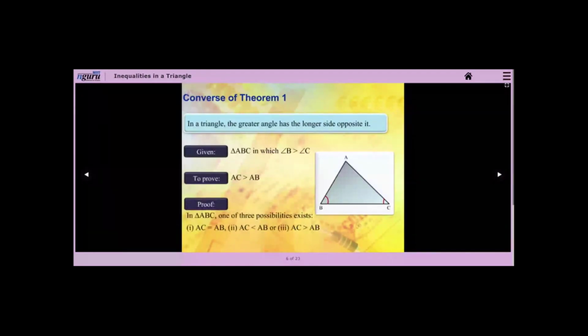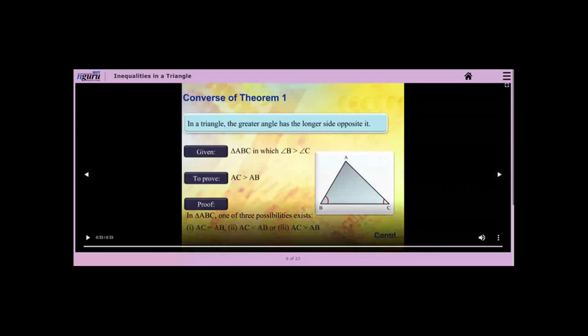In triangle ABC, one of three possibilities exists: AC is equal to AB, AC is less than AB, or AC is greater than AB.